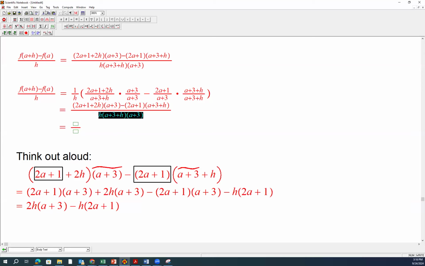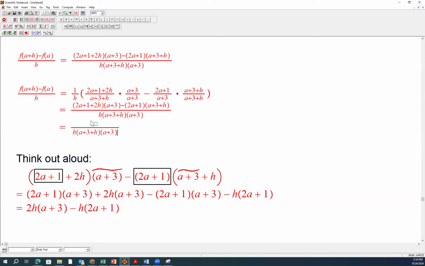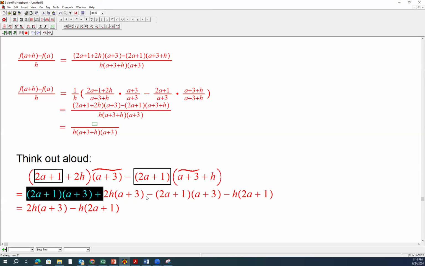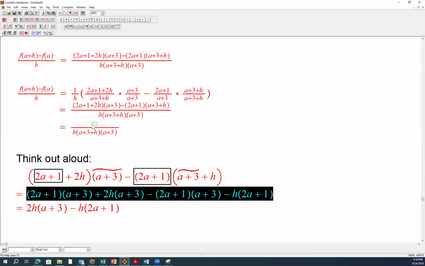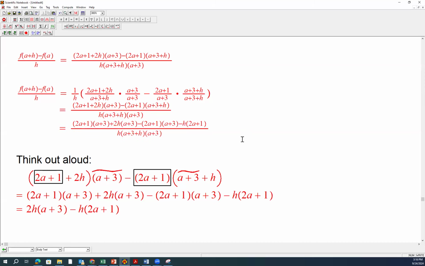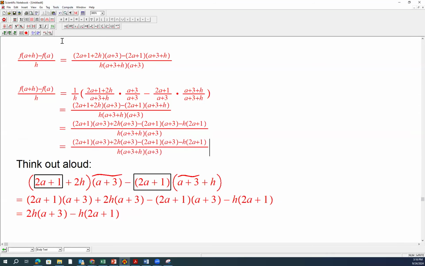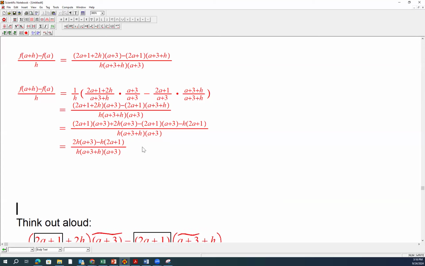I will keep the denominator, and I put the whole of these in place to show it to my reader. Surely my reader can see that this piece and that piece are opposite. So in the next step, these 2 are removed.